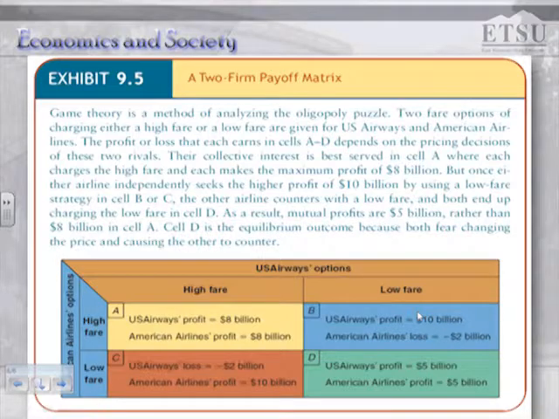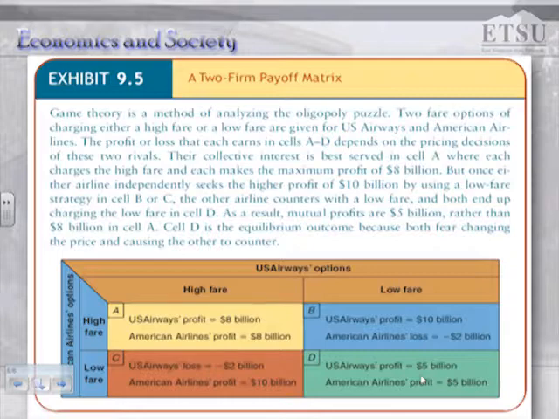It's in their best interest to charge a low price no matter what they think American Airlines is going to do. So American Airlines chooses the row and U.S. Airways chooses the column. So if they choose this row, U.S. Air should choose a low fare, receiving the 10 billion. If American chooses a low price, then U.S. Air should choose the low price, earning a profit of 5 billion.